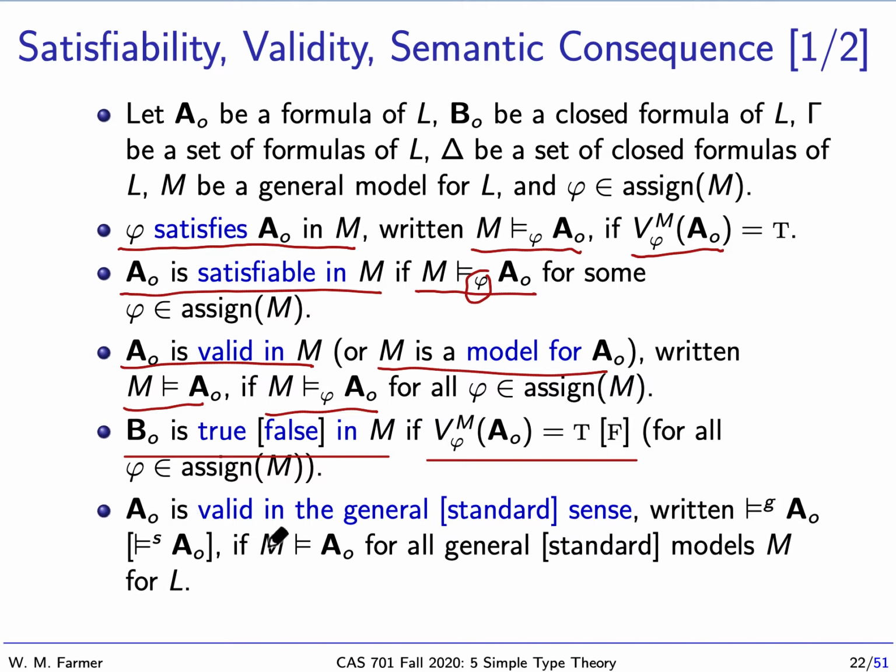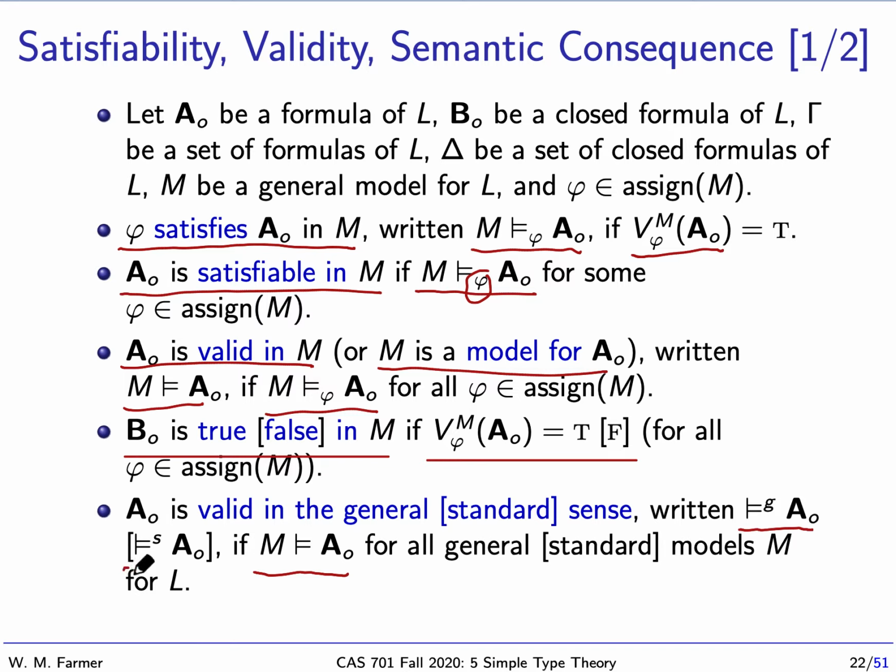And now we say that A is valid in the general sense, which we write like this, if for every general model M, if M satisfies A, or I should say if A is valid in M, or M is a model for A, for all general models.